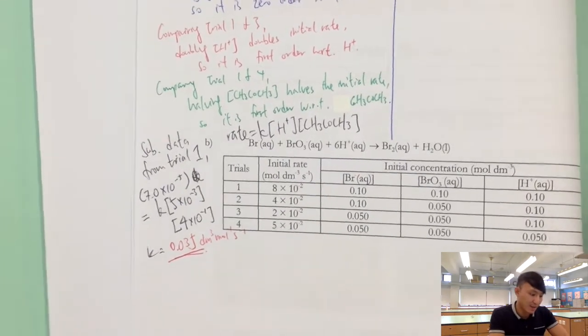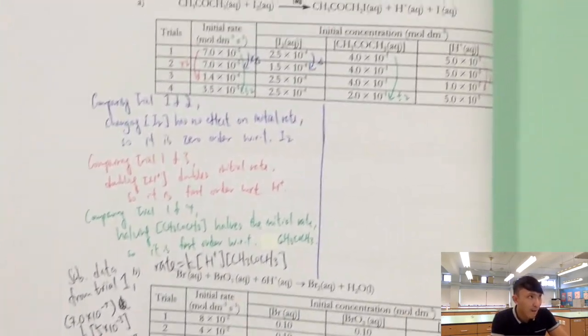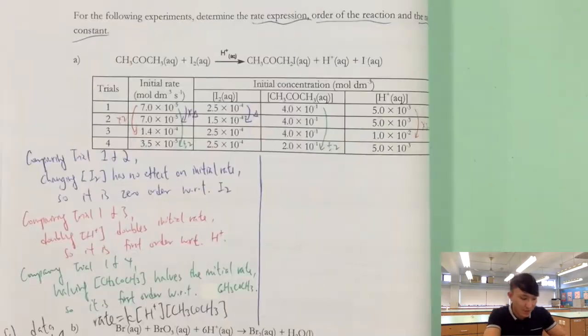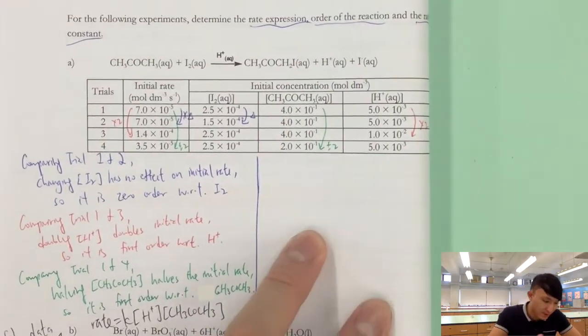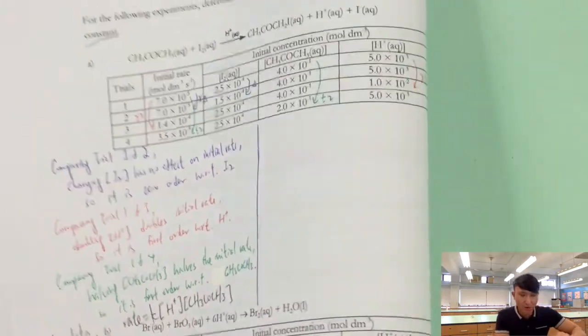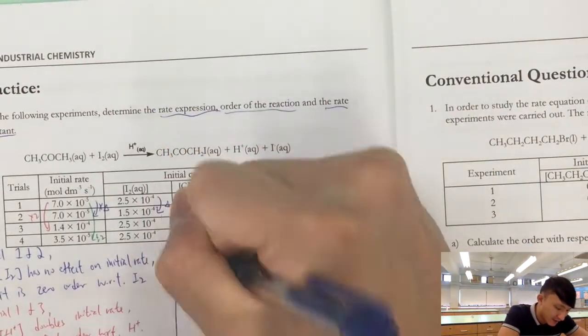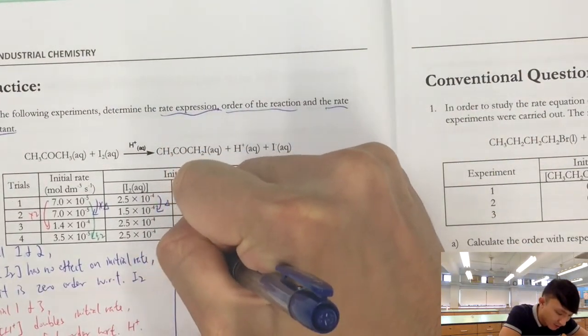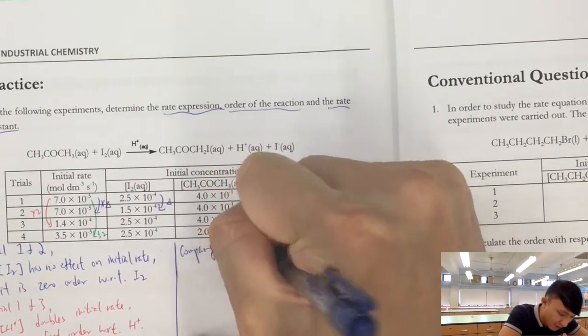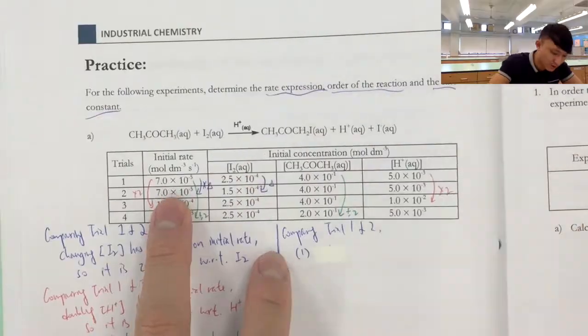Now for the second method, simply we use equations. So I'm not writing all those hypothetical equations. Again, I can compare trial 1 and 2. Okay.